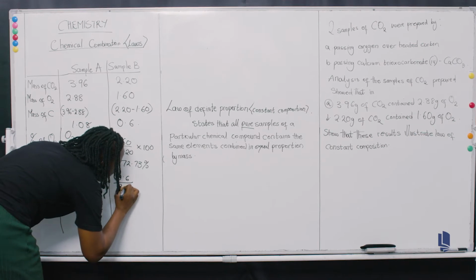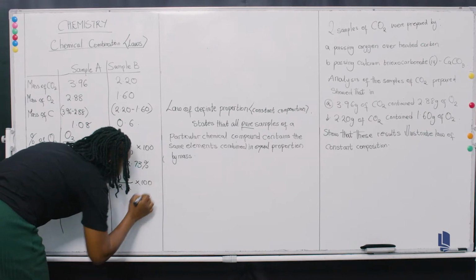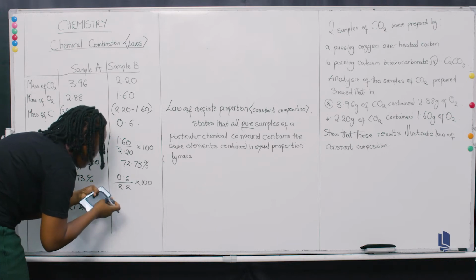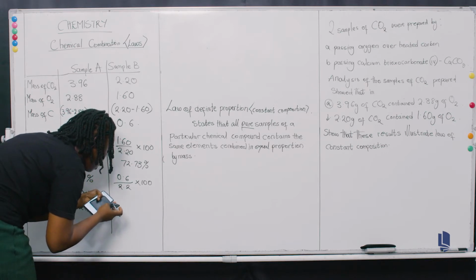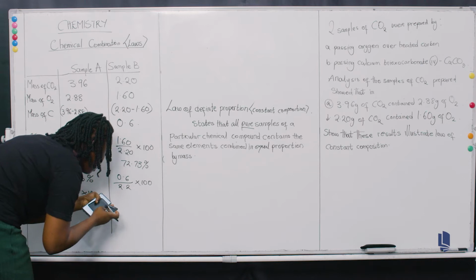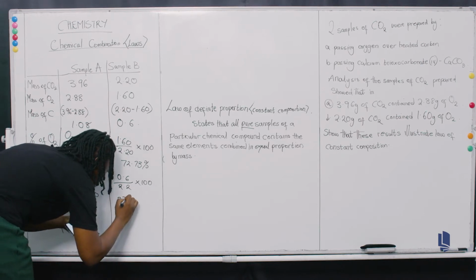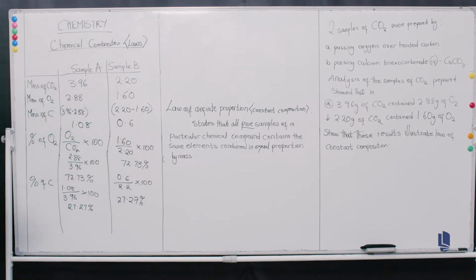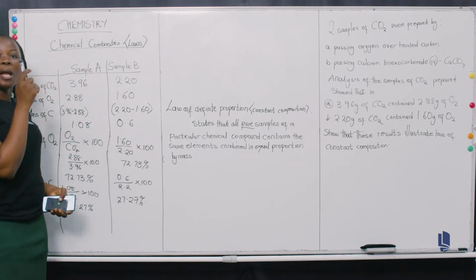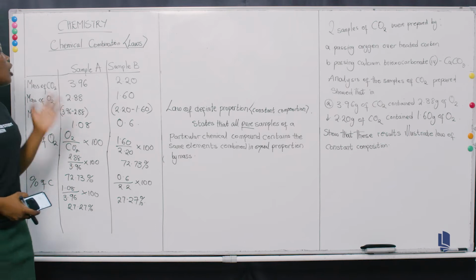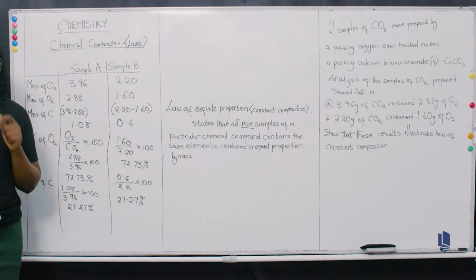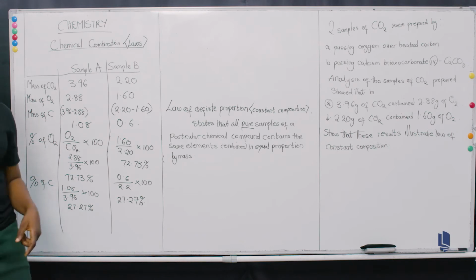Then 0.6 over 2.2 times 100, that's 27.27%. From here you can see that no matter the method used for preparation, they both would have the same elements combined in equal proportion by mass.